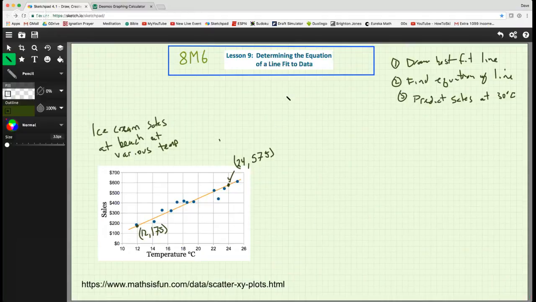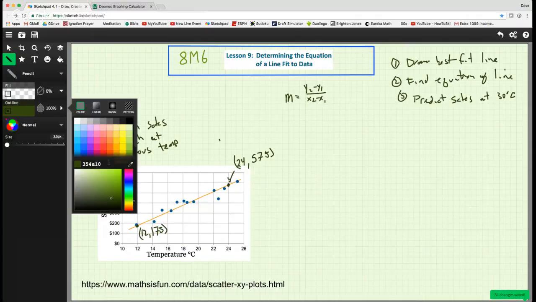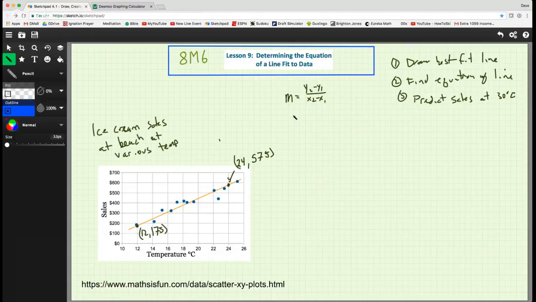And so we're going to do the same thing one more time. m equals y2 minus y1 over x2 minus x1. And then we're going to go about finding b. Okay, our y2 is 575. Our y1 is 175. Our x2 is 24, and our x1 is 12.